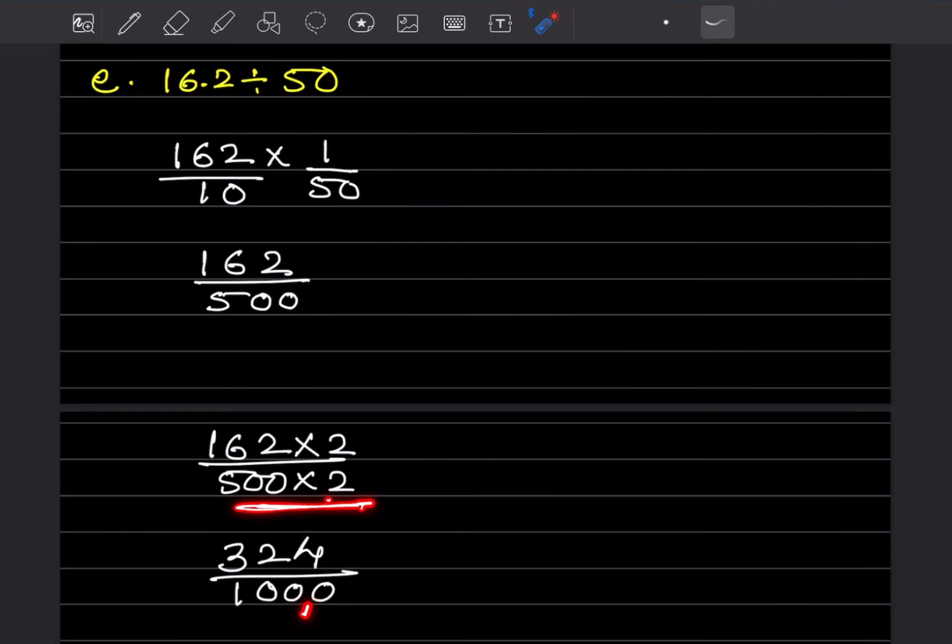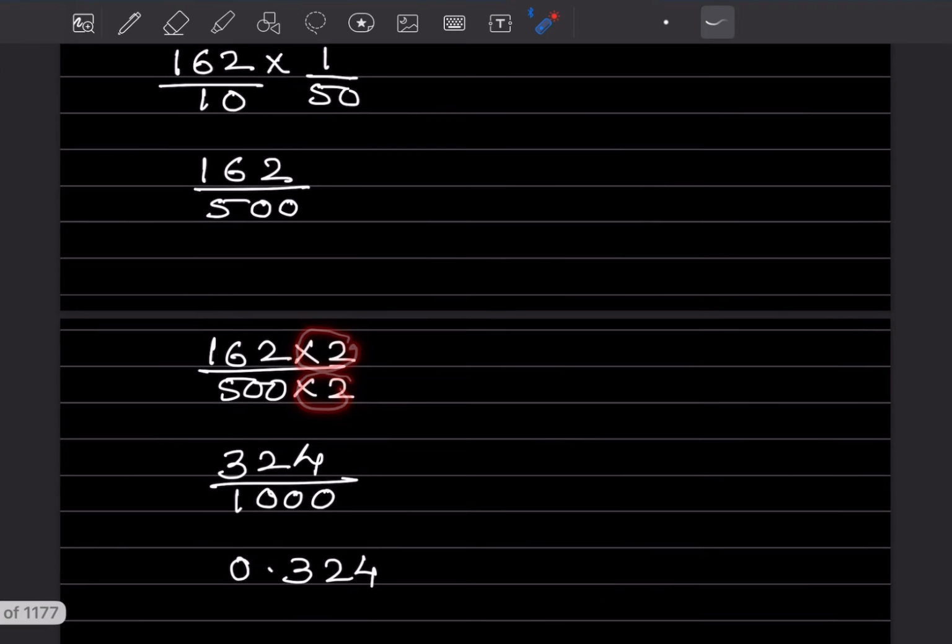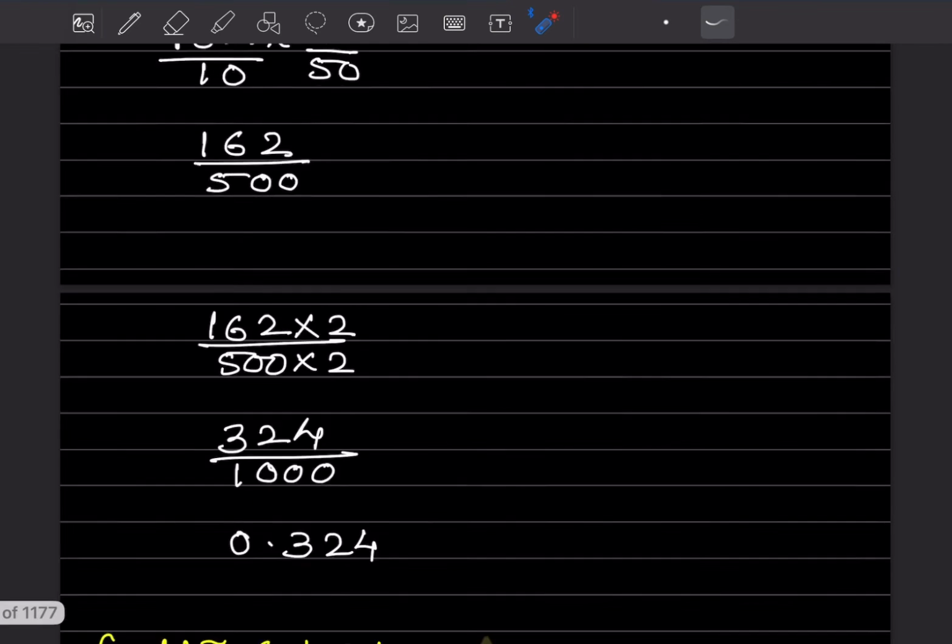Since we are multiplying this by 2, this also should be multiplied by 2, to make it equivalent. So this will be 324 divided by 1000, and now it becomes easier. We'll keep 1000 as it is, and after three numbers, we are going to put a decimal. So it will be 0.324.